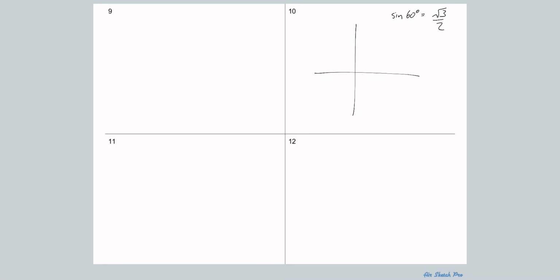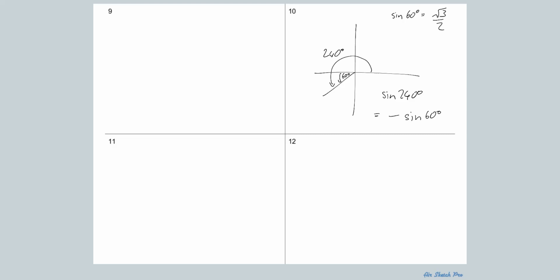So that means the sine of 240 degrees is equal to the sine of this internal angle here, which is 60 degrees. But because it's in the third quadrant, it's negative.